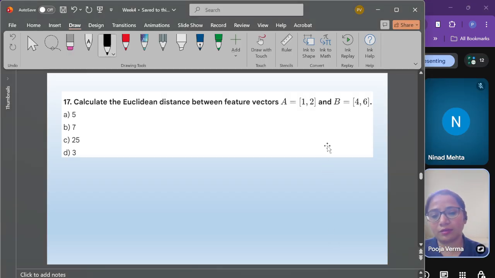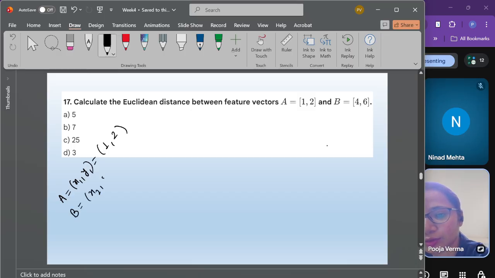So here, for the first point A, the coordinates x1 and y1 are 1 and 2. Similarly, for point B, x2 and y2 are 4 and 6, right?